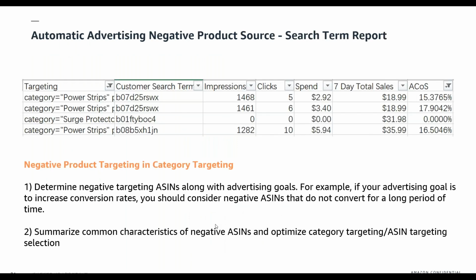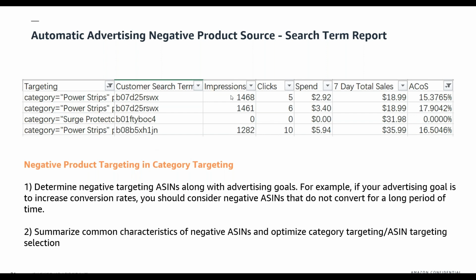Yeah. And how to essentially find what keywords to negatively target, right? So in this example, you'll see that the person has tried to target the category power strips surge protector, and then we can see the actual customer search terms. So these are ASINs, right? The exact ASINs that they're targeting. So we want to take a look, right?